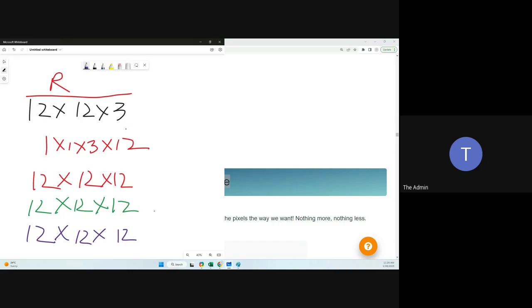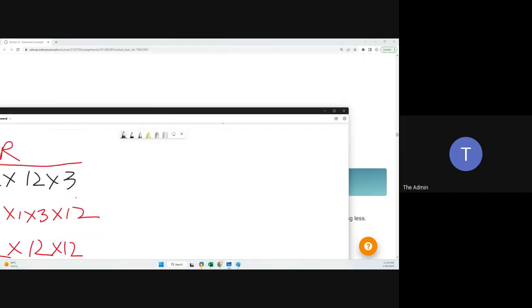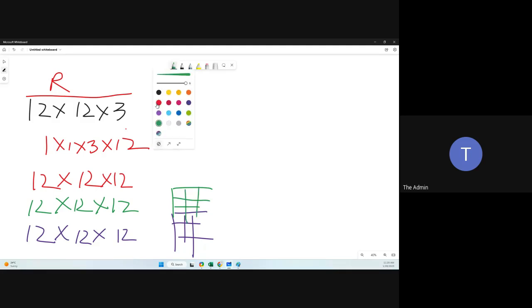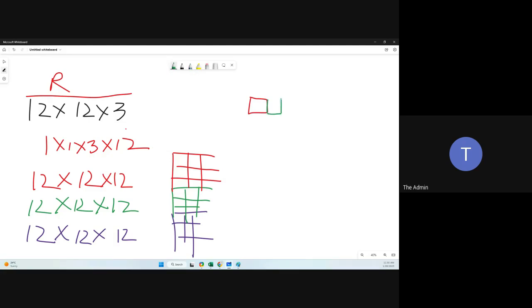Okay. Then I'm not going to draw the whole thing, but let's draw just the blue part a bit, and a green part a bit, and then a red part of it. Now I'm going to pick 1 pixel from the red and arrange it here. Then 1 pixel from the green and arrange it here.